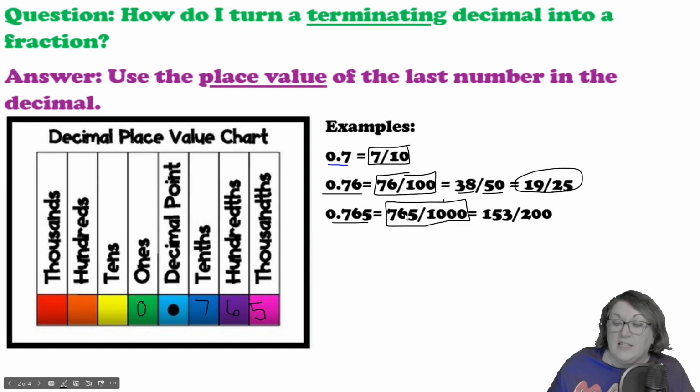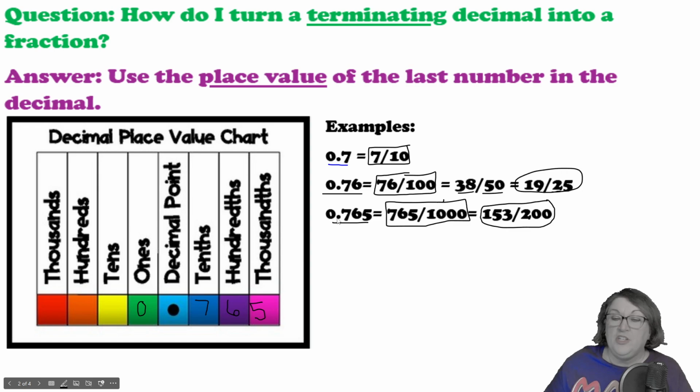So 765 divided by 5 is 153, and 1,000 divided by 5 is 200. Now that's the simplest way I can reduce that fraction to represent the 0.765 decimal. Okay, so use your place value if it's a terminating decimal.